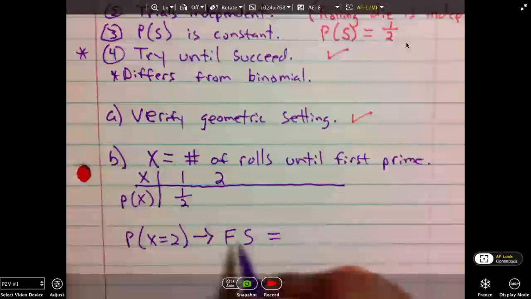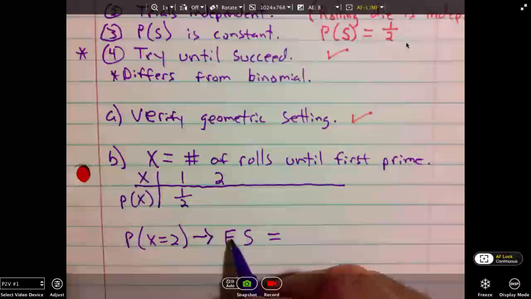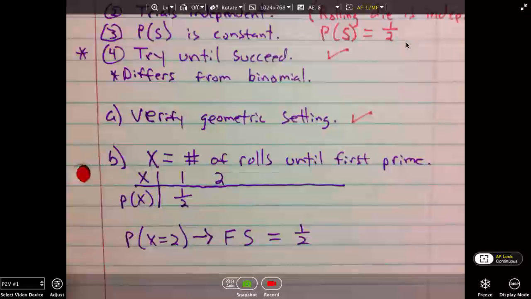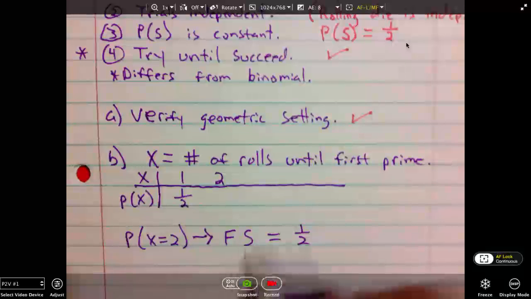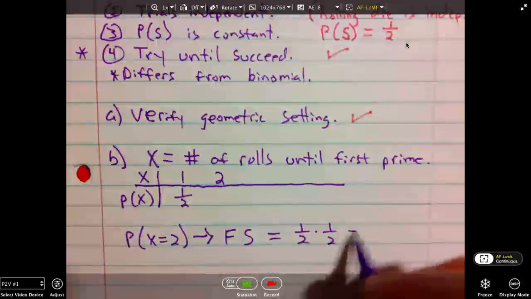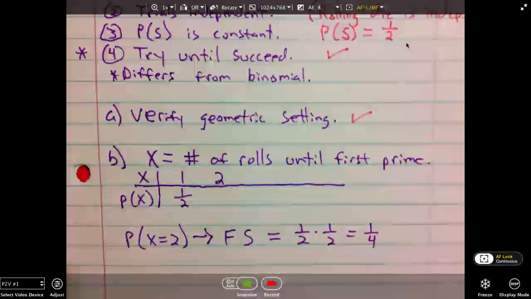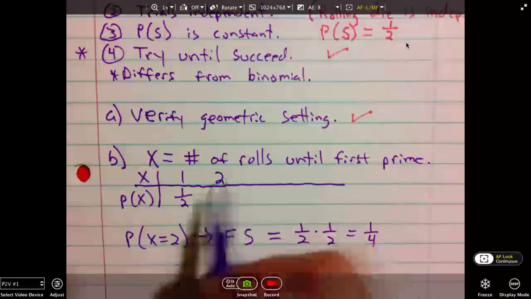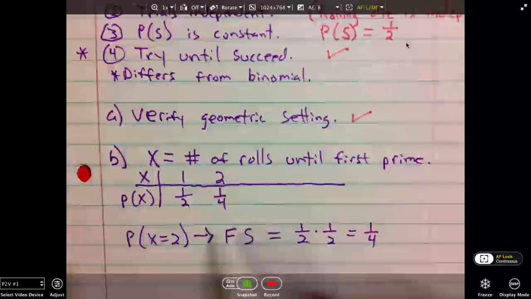The chance of a fail is 1/2 because 50% of the time we will get a prime, 50% we won't. The chance of success is 1/2, so this is 1/2 times 1/2, which is 1/4. So the chance that the first success comes on the second roll is 1/4.